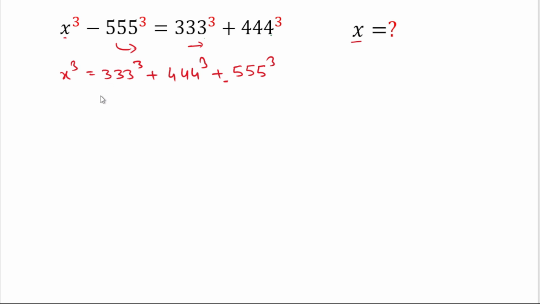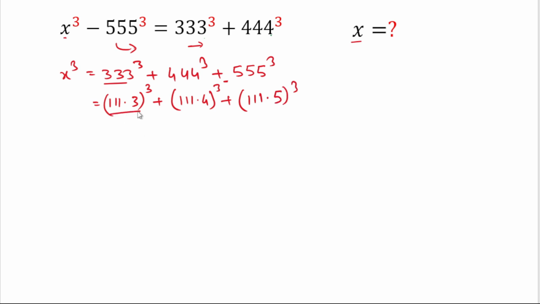Now we'll further simplify this 333, that is the multiplication of 111 and 3. So 3 times 111 is 333, that is cube. Likewise, plus 444, we can write 111 times 4, that is cube, plus this 555 is 111 times 5 and cube.